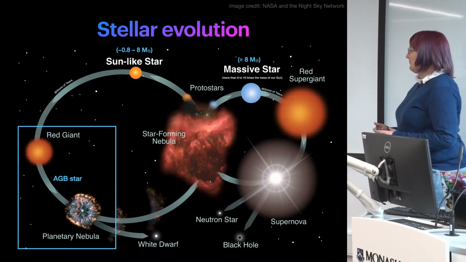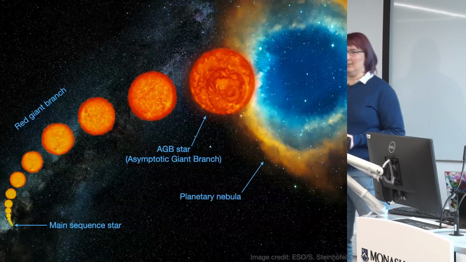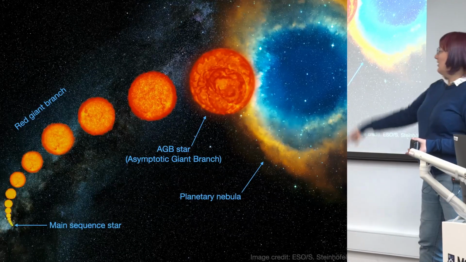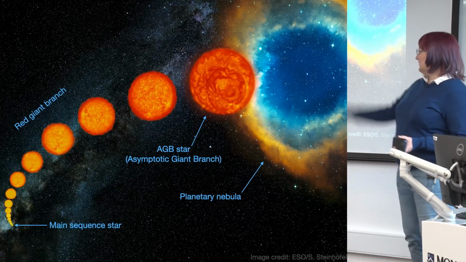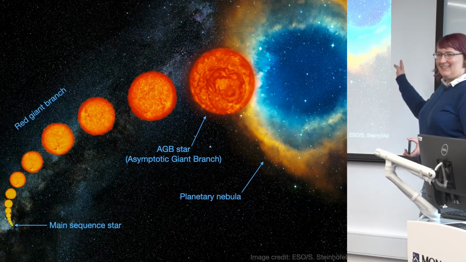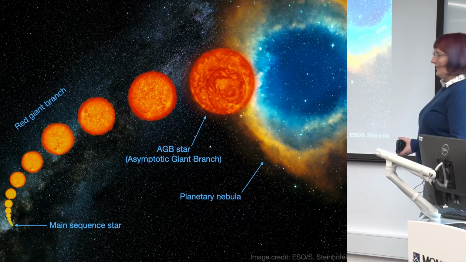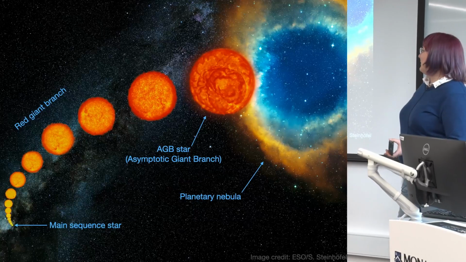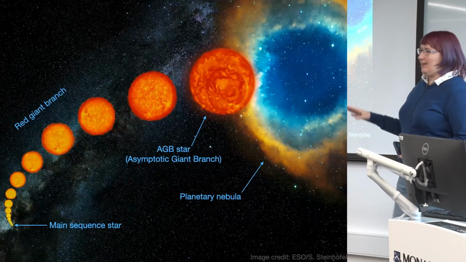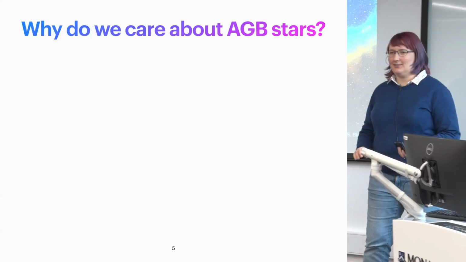So here is another nice picture of stellar evolution, where we go from the main sequence in the bottom corner, through the red giant branch to the AGB, not quite to scale, I would say, and planetary nebula, because it looks pretty. But the AGB phase is what I focus on, and now I'm going to tell you why it's interesting.